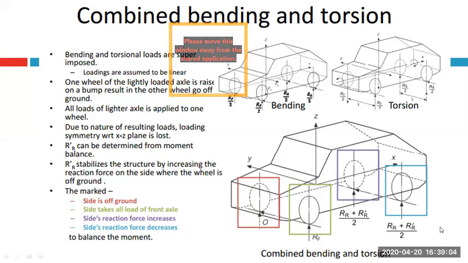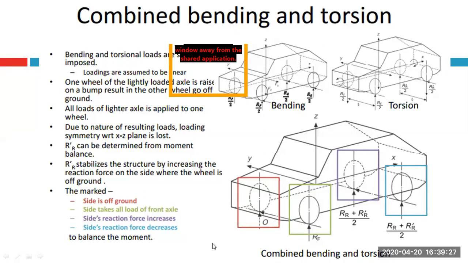As you can see here, one of the wheels that you have is lightly loaded along the axle and is raised on a bump. So in this particular condition, one wheel is slightly above the ground.